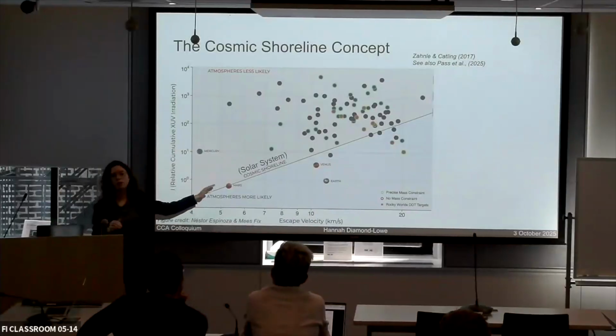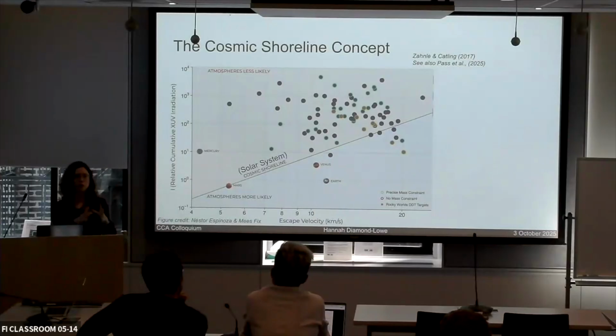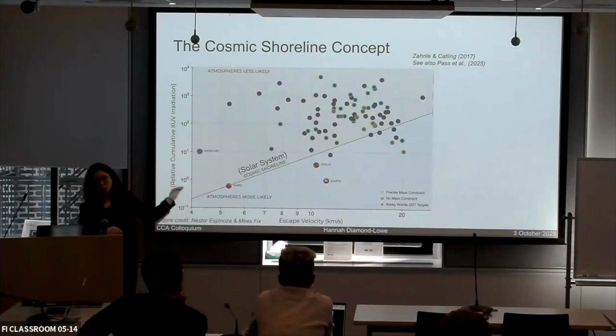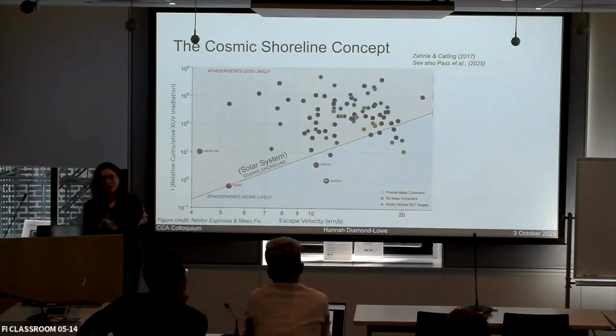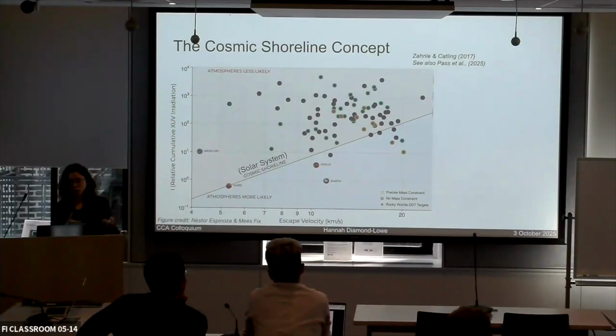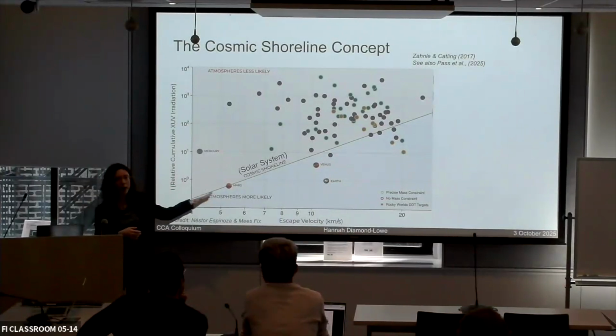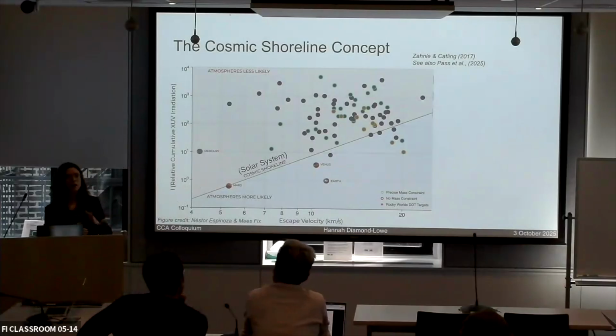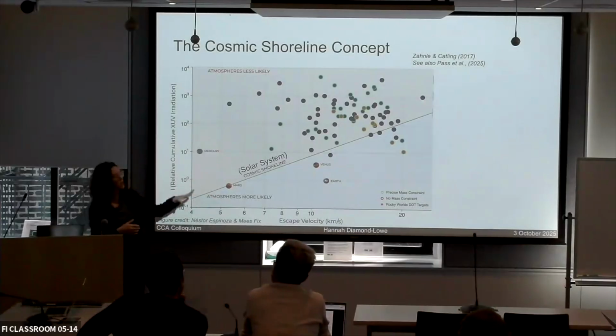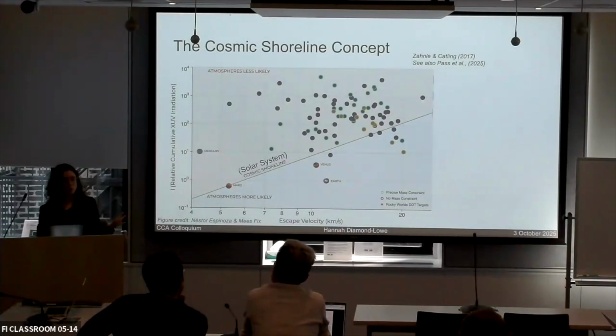So this totally works for the solar system. If you look at the solar system planets and the asteroids and the moons, this line holds. But the common denominator for the solar system is the sun and everything that grew up around the sun. So it is a proposal that perhaps this cosmic shoreline exists in a more universal way, but we don't really know.